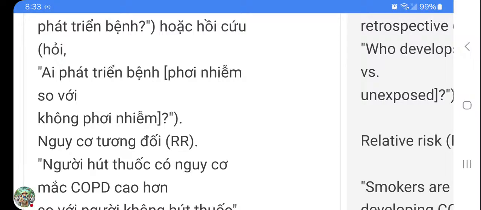Of course, we have to match them as best we can on age, career, where they live, and the environment, everything like that. So one group is exposed to risk factor A, and one group is not.